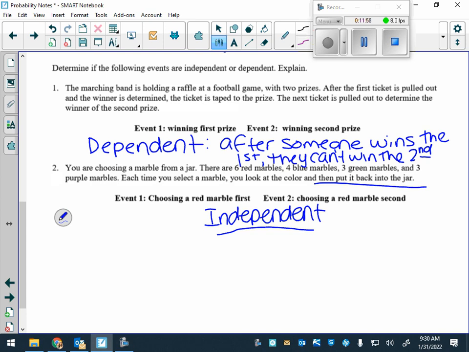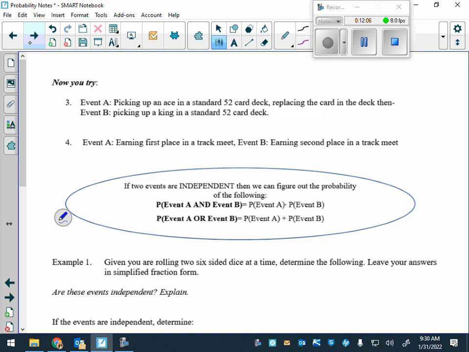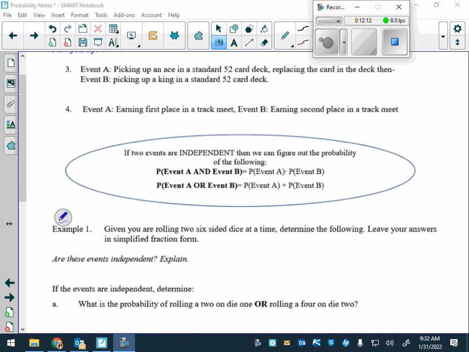All right. So I want you guys to try 3 and 4. Okay, 3 and 4, determining if they're independent or dependent. All right. Number 3, event A, picking up an ace in a standard 52 deck, replacing the card in the deck, and then picking up a king.